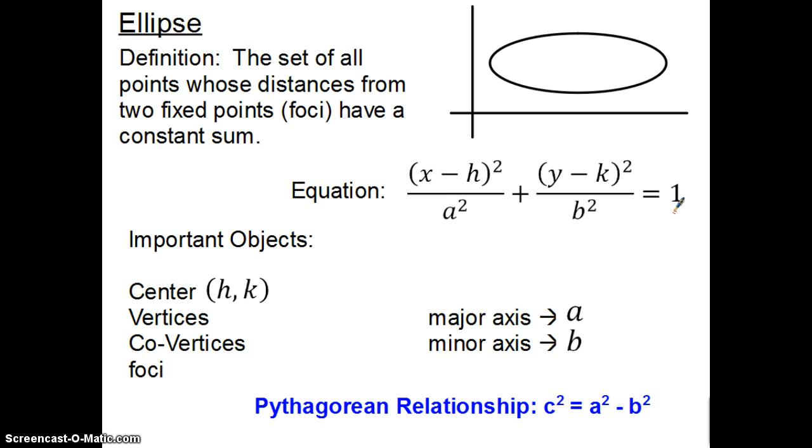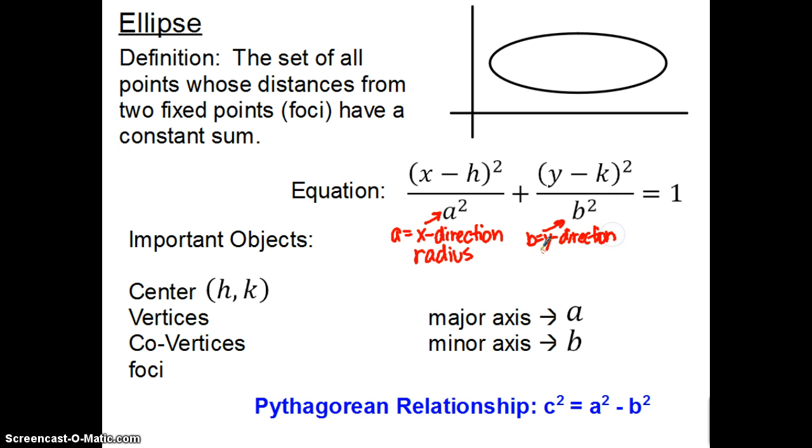Now, these numbers underneath these fractions are the different radii for the ellipse. The A is what I like to refer to as the x direction radius. And this B value is the y direction radius.